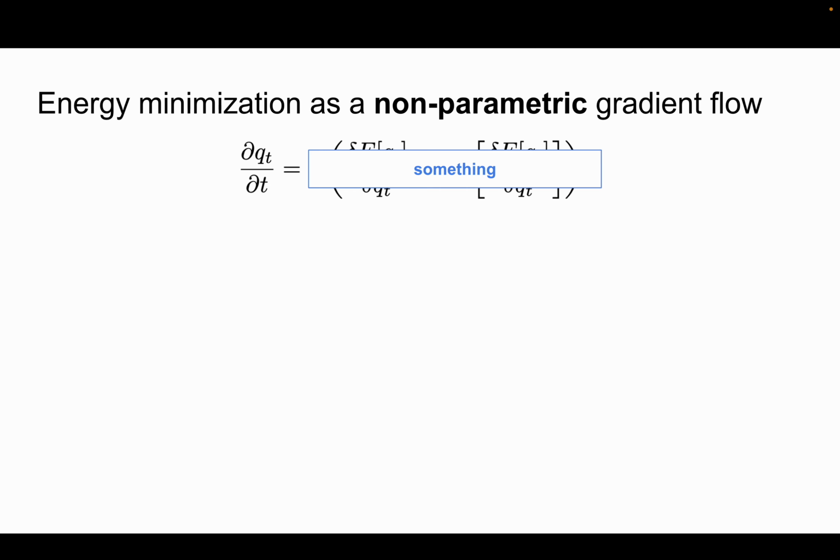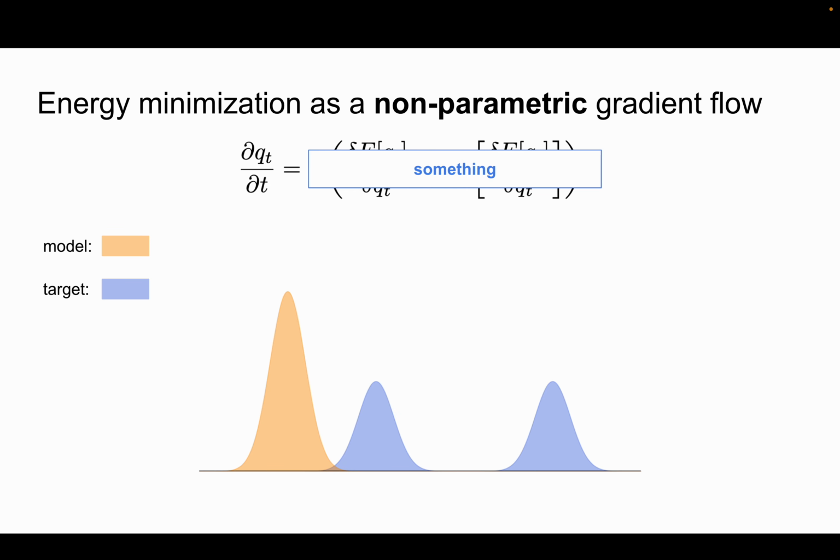Let's say we have some model density in orange, and we minimize some distance to the target density in blue, following this partial differential equation. And this is what's going to happen. First, the model fits to the nearest Gaussian, but then it teleports probability mass to another Gaussian.